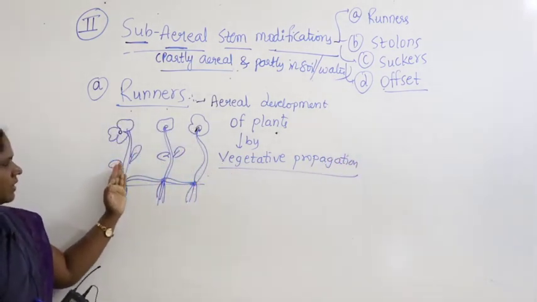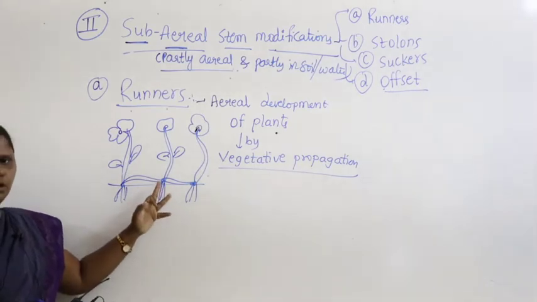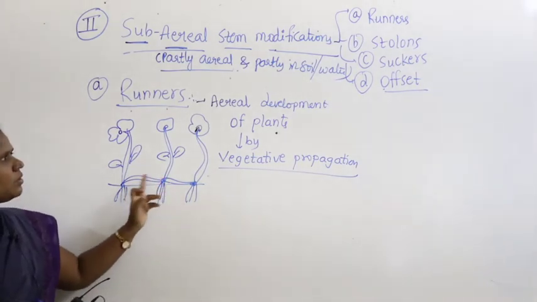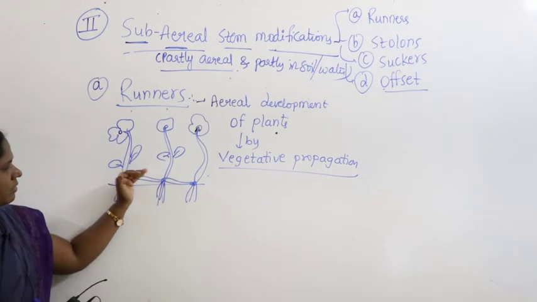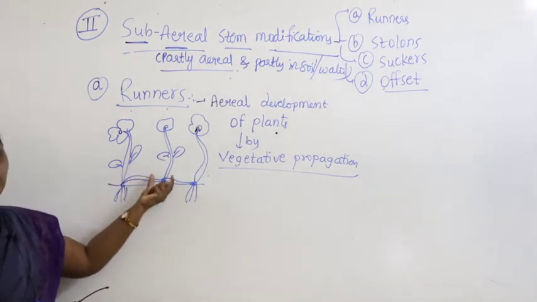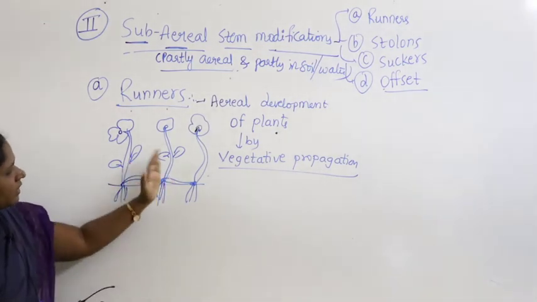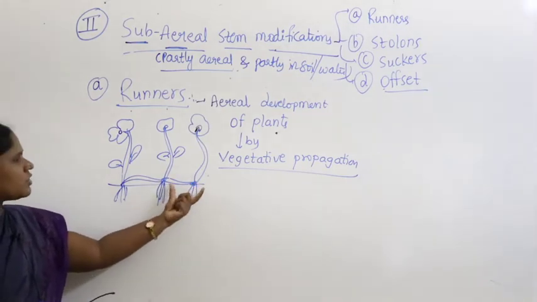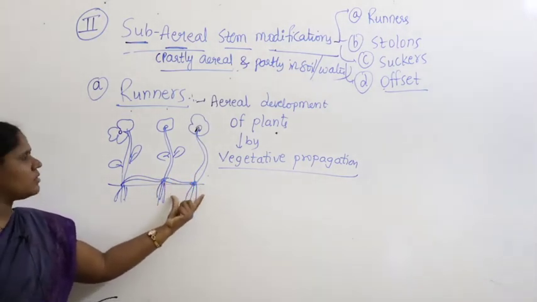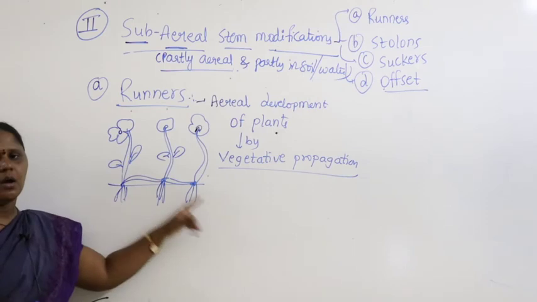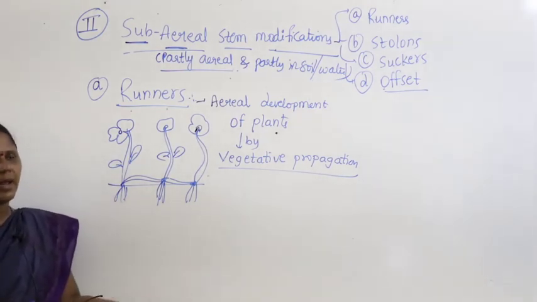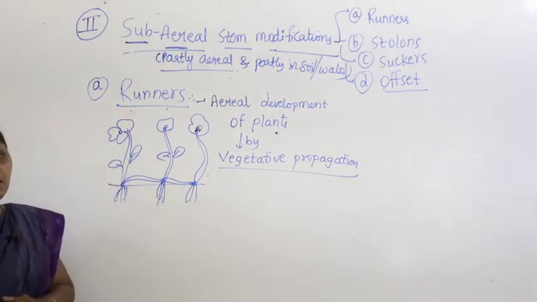One plant is giving rise to the development of another new plant. This is called vegetative propagation. Aerial development of the plant gives rise to a new plant. Again, aerial development of this plant gives rise to another plant. So, they run on the soil. One plant gives rise to so many plants. So, they are called as what?